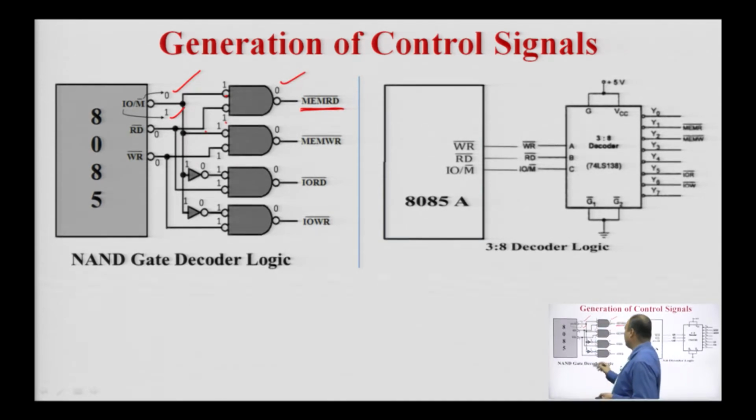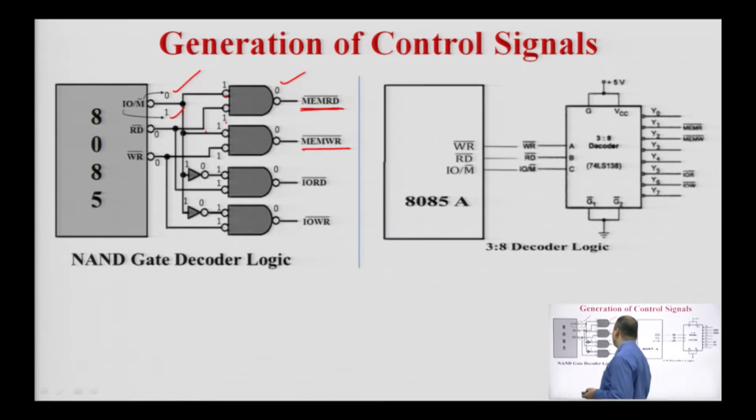Similarly, for memory write control signal, the status on input output or memory is 0 and the write control signal is 0. So the input to this NAND gate is 1 1 and the output of this NAND gate is logic 0. This is the active low memory write control signal.